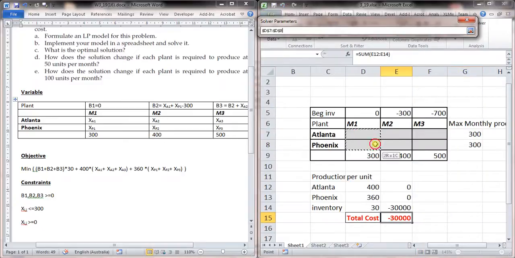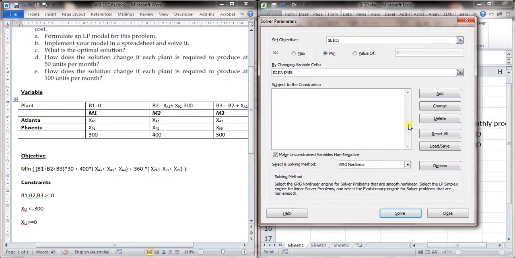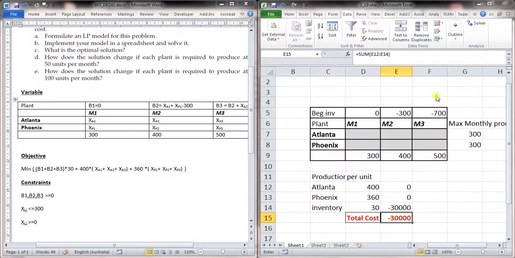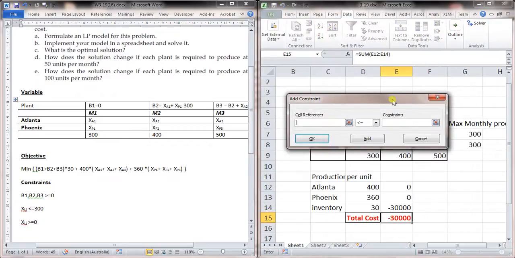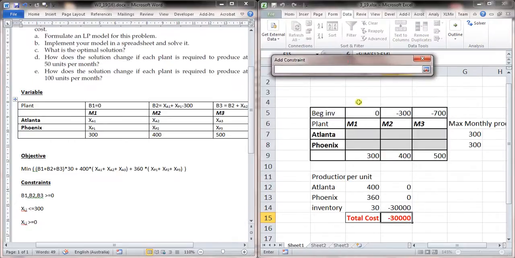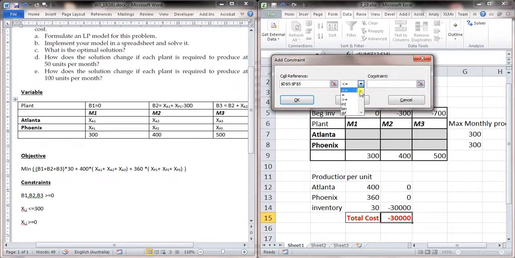The variable cells are this, and our constraint is B1, B2, B3 should be greater than or equal to 0.